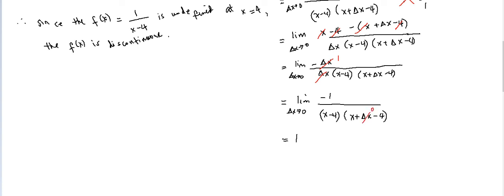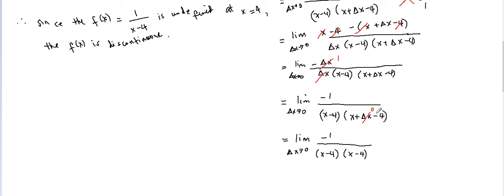Kaya ang mangyayari, we will get the limit negative 1 over quantity x minus 4 times x minus 4 as delta x approaches to 0. Okay? Wala na pala ito. Sorry.